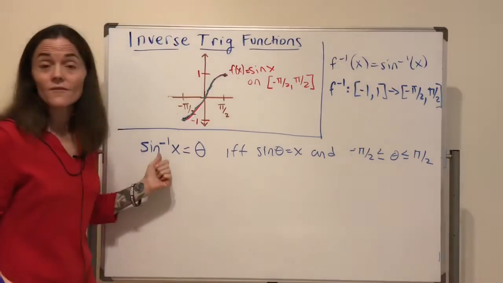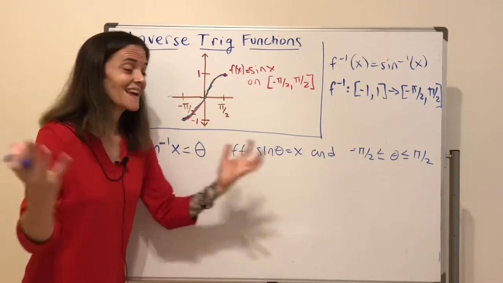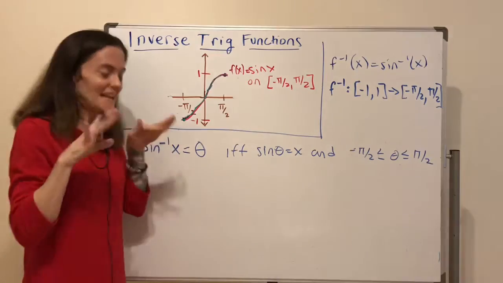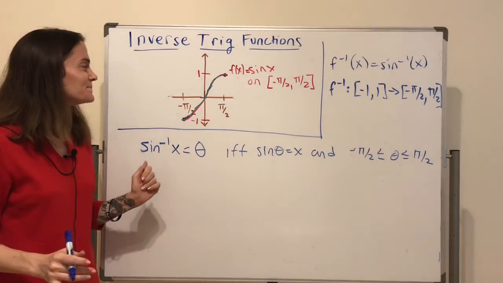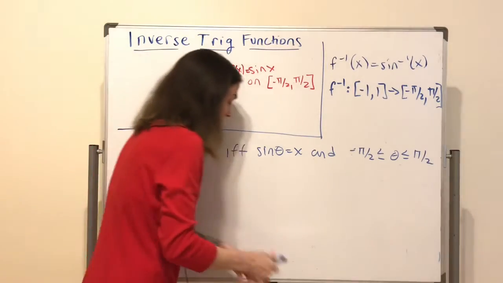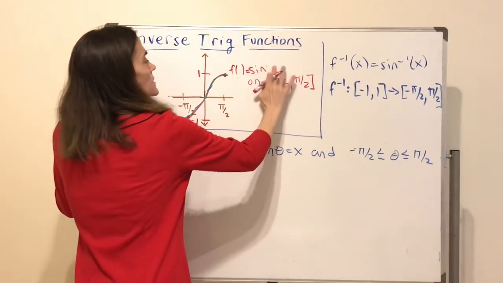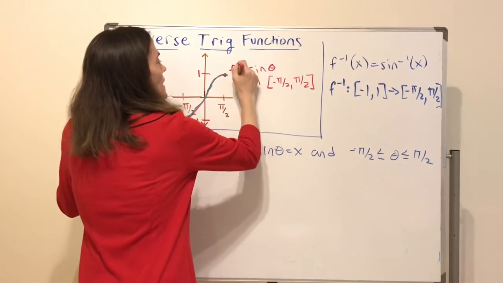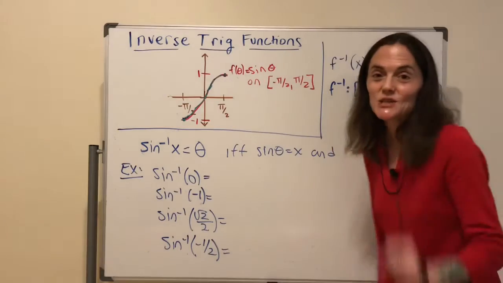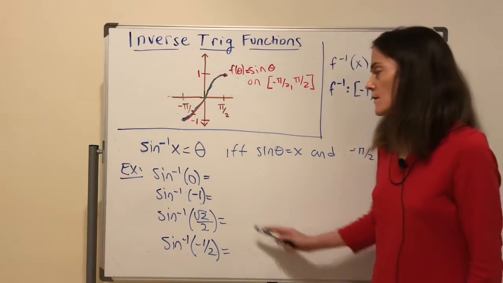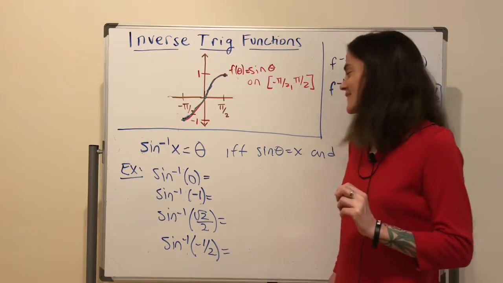So this function, the inverse sine, takes in a sine value and gives back an angle. If I want to match, I can just change this so we also see the variable theta here. It's fine. Let's do a few examples where we just think about evaluating the sine inverse.